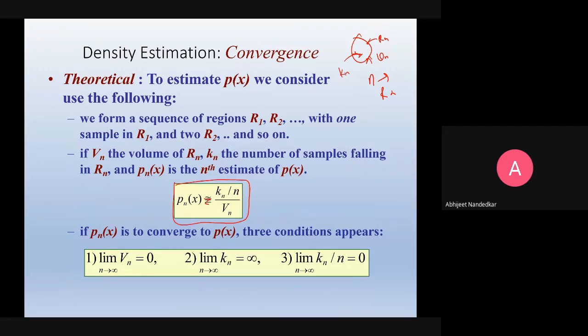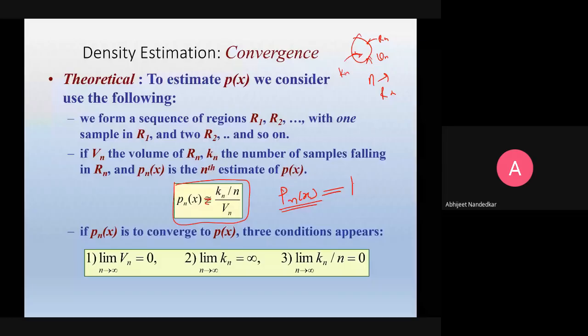And if Pn of x, the estimation, is to converge to p of x, that is, if you want it to be equal to the actual distribution, then we have to satisfy these three conditions.